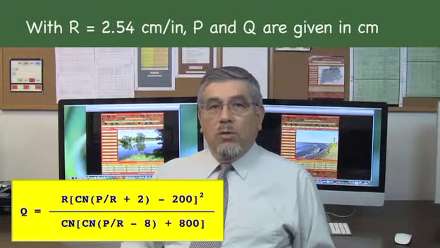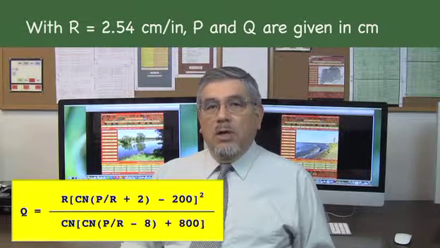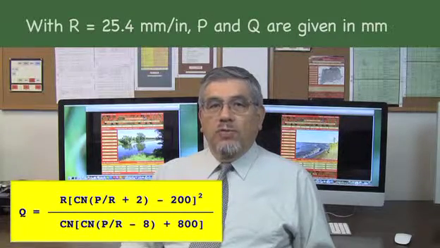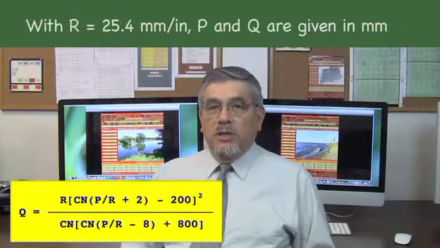With R equal 2.54 centimeters per inch, P and Q are given in centimeters. With R equal 25.4 millimeters per inch, P and Q are given in millimeters.